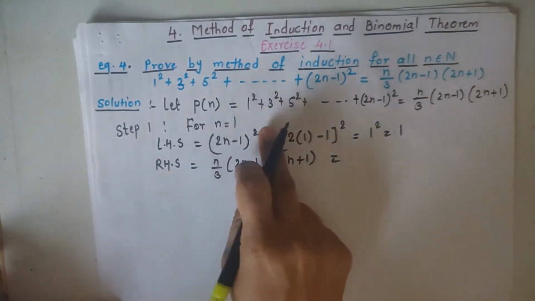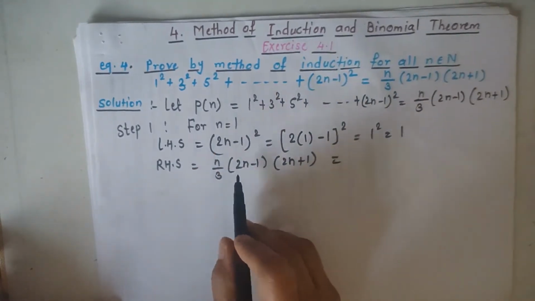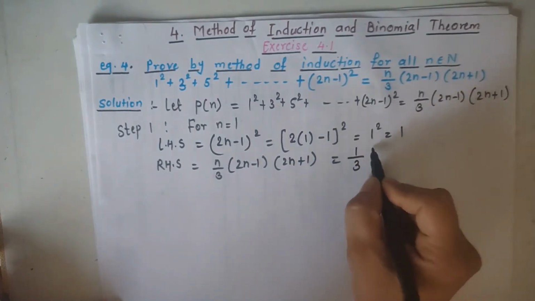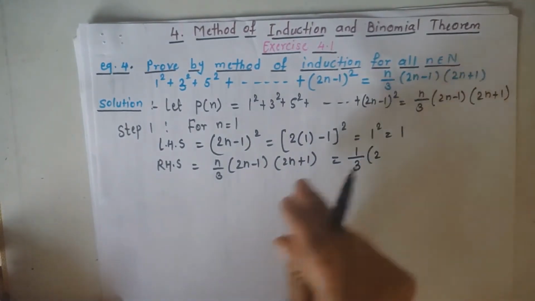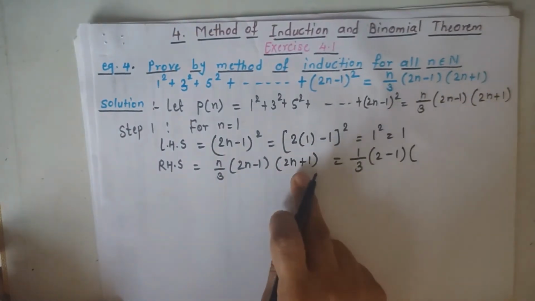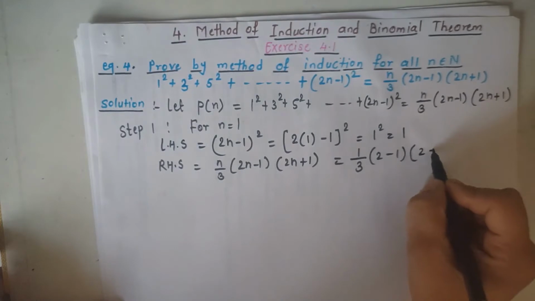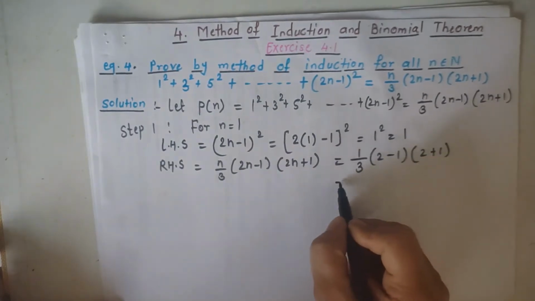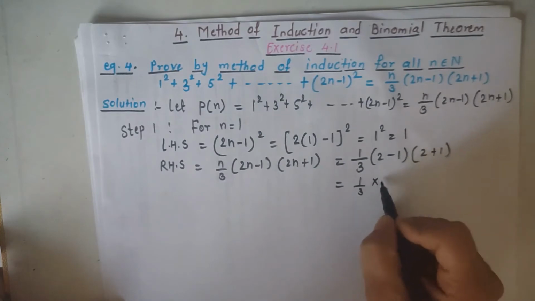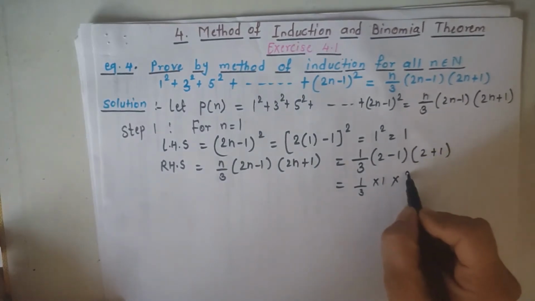So for n is equal to 1, substitute n is equal to 1 in this RHS, then we get 1 by 3, 2 into 1, that is 2 minus 1, 2 into 1 plus 1, that is 2 plus 1. Then we get 1 by 3, (2 minus 1) into 1 and (2 plus 1), that is 3.